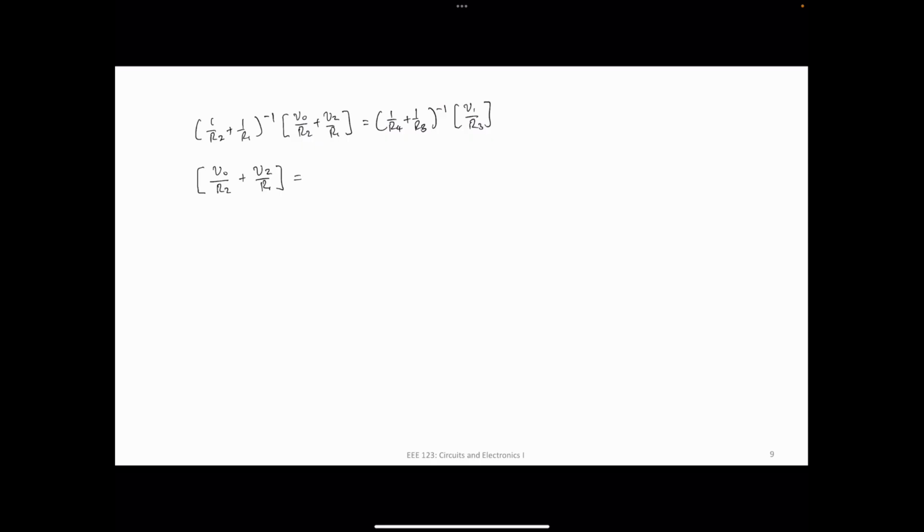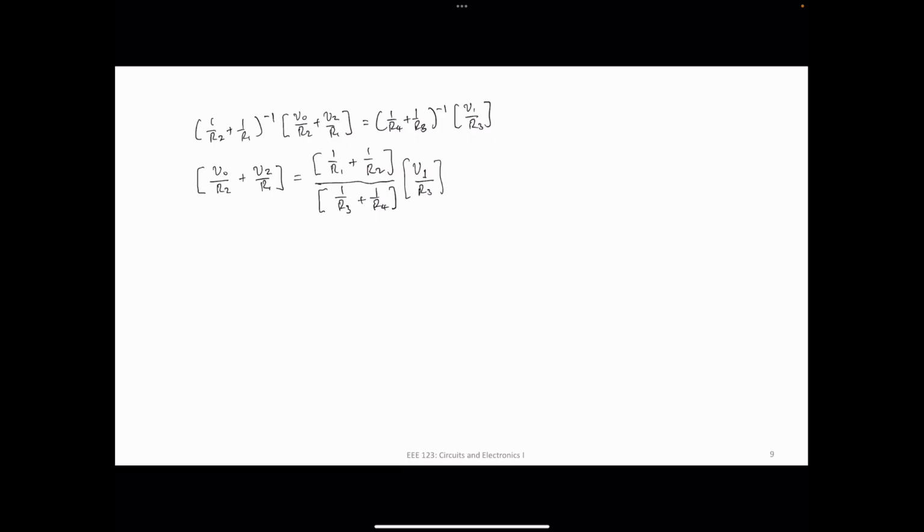So this is going to be now 1 over R1 plus 1 over R2. I transfer it to the other side, and this is now going to be 1 over R3 plus 1 over R4, because there's a -1 exponent. And this is now going to be V1 over R3.